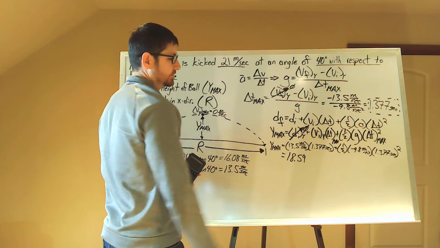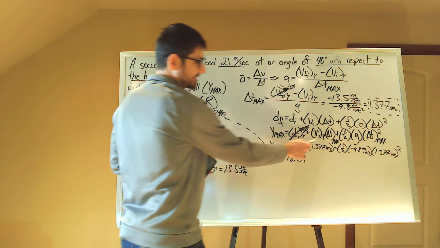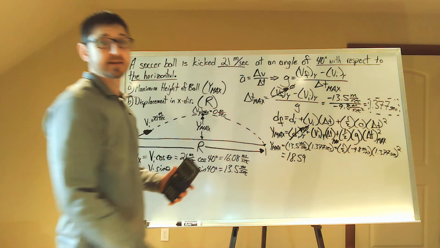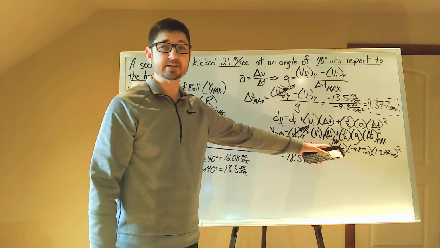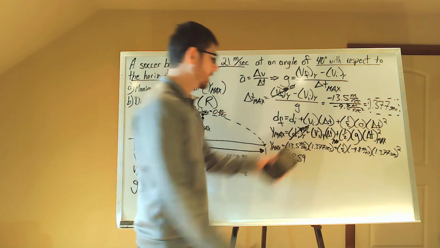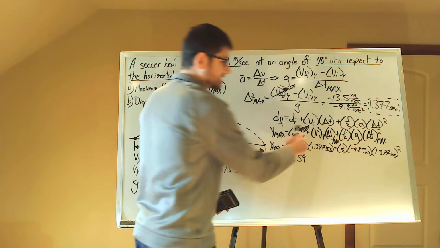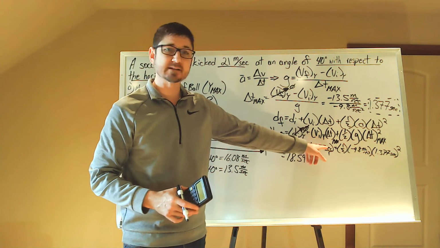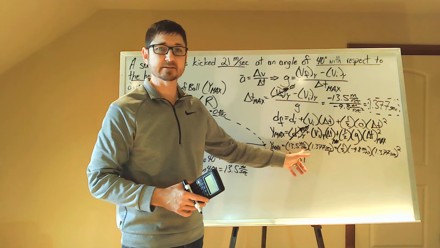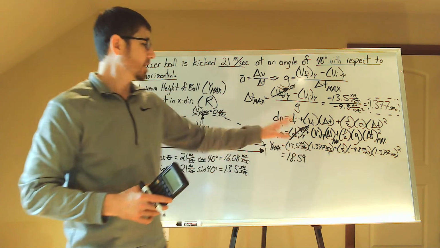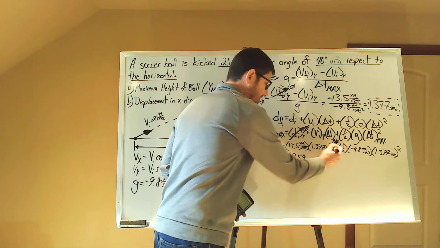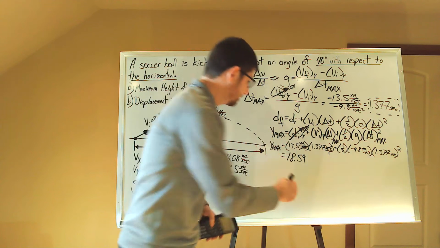Let's take a look at the units. I have meters per second times seconds, and algebraically we can write this seconds as seconds over 1. So I have a unit of seconds in my numerator and units of seconds in my denominator here, so those can cancel, and this leaves me with units of meters.